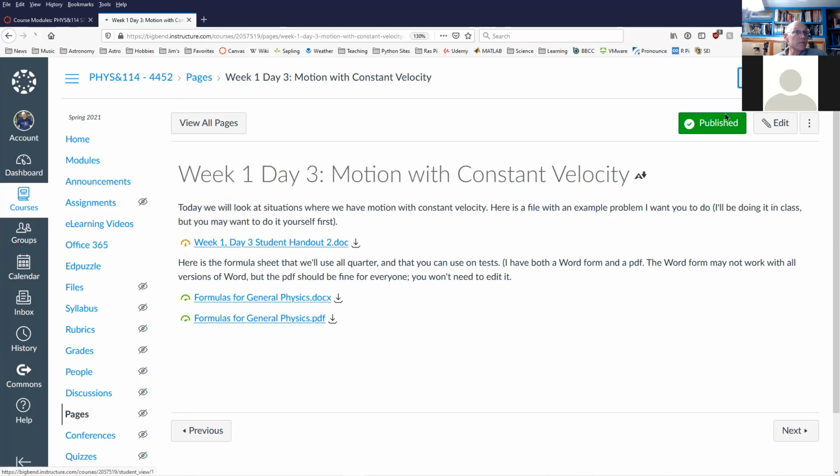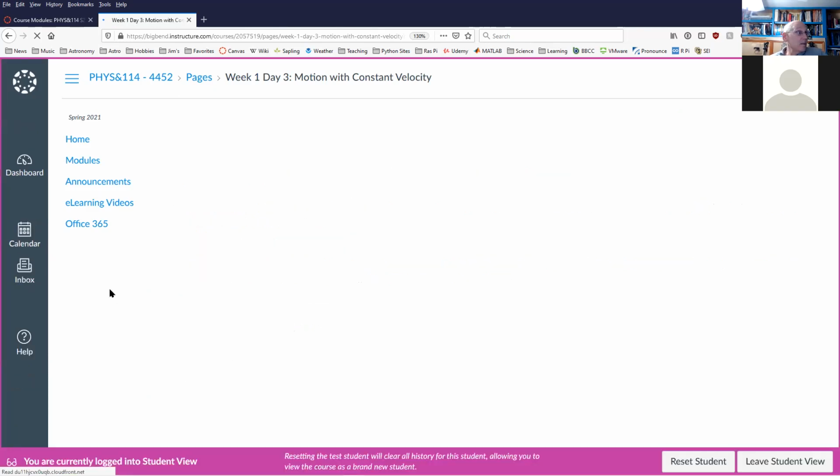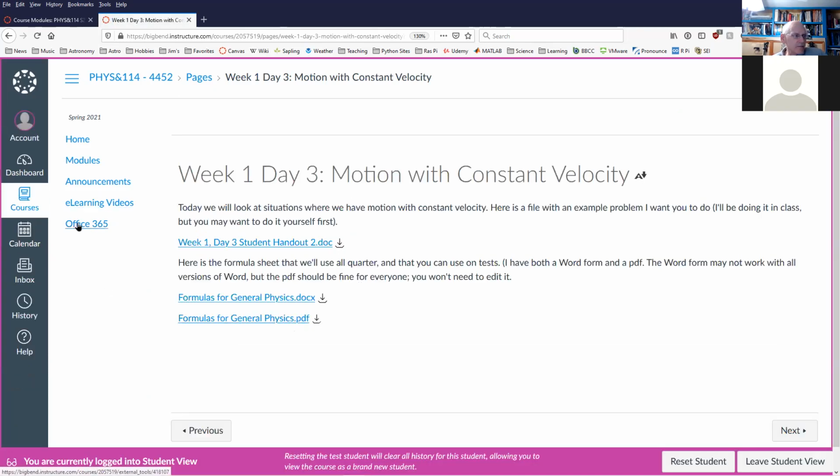And from the student view here, all you've got is Office 365, which I guess you can use. I'm not sure just how that works. E-learning videos, if you're not familiar with Canvas, you can do those. And otherwise, it's just announcements and modules and home. So I don't put grades up there, which is why I pulled them out.